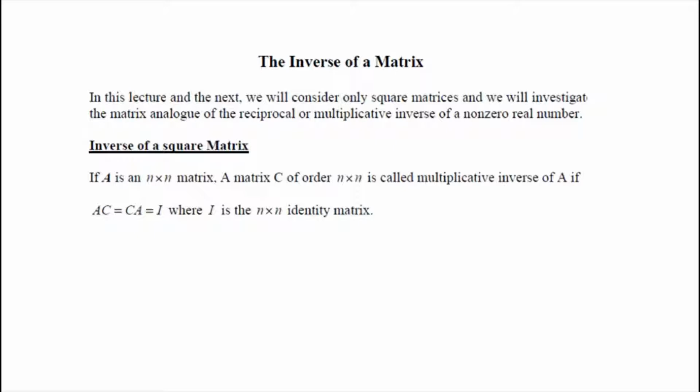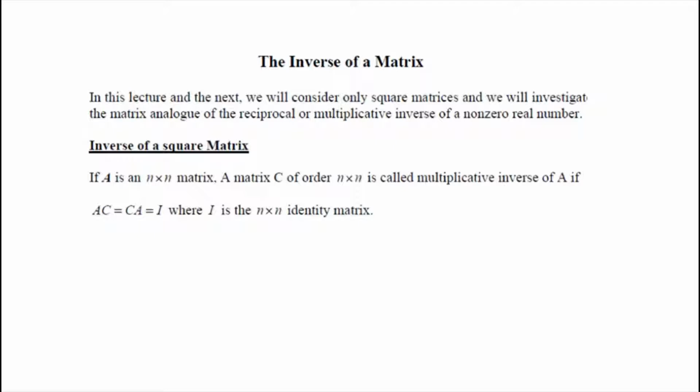This is our number which when multiplied by x yields the multiplicative identity. Similarly, the multiplicative inverse of a fraction, let's say a by b, is b by a. In other words, when we multiply a number by its multiplicative inverse, we get what?